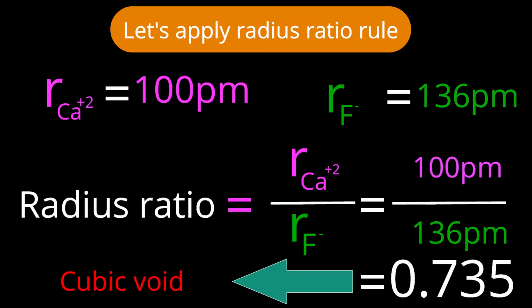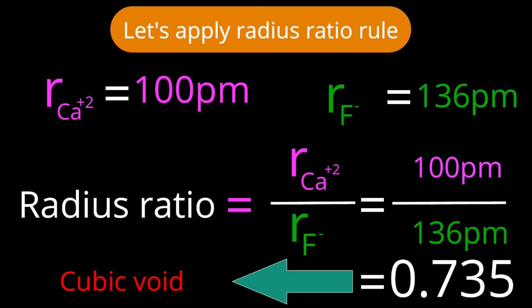Let us find the radius ratio for this calcium fluoride. The radius of calcium is 100 picometer and of fluoride is 136 picometer. So the radius ratio is equal to 100 divided by 136. The answer is 0.735. If you remember the table for the radius ratio rule, this 0.735 comes in which range?